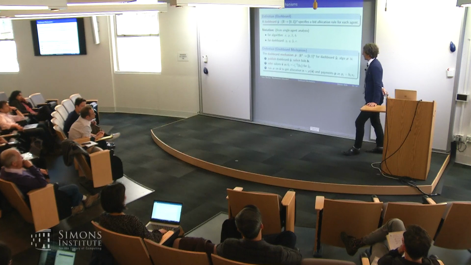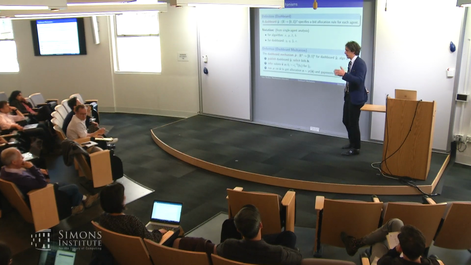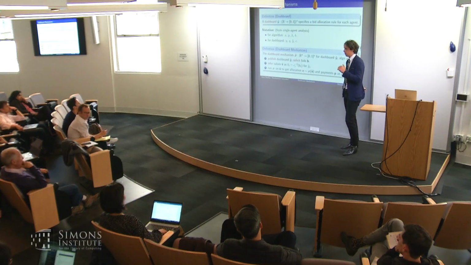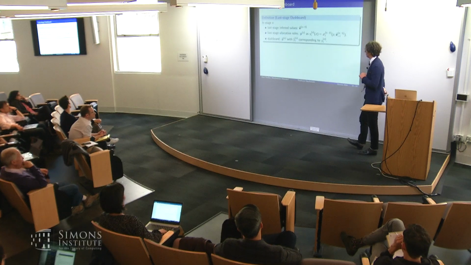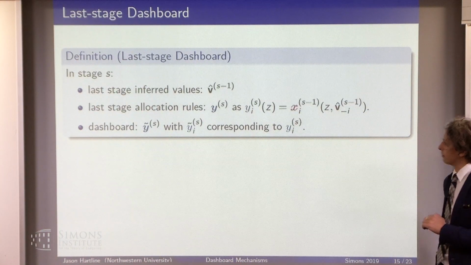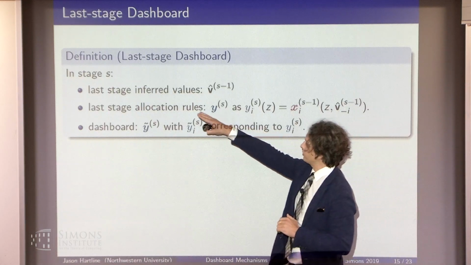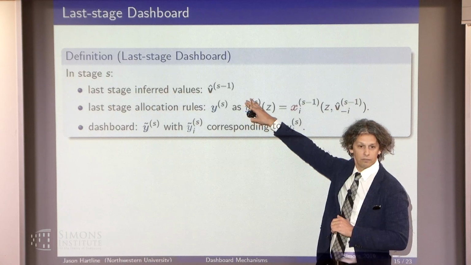Okay, so this is my mechanism. You see what dashboards are. I told you I'm going to progressively make my dashboards more and more complicated. So my first simplest dashboard is just the last stage inferred values dashboard. So in stage S, what I'm going to do is look at the inferred values I had from the last stage.